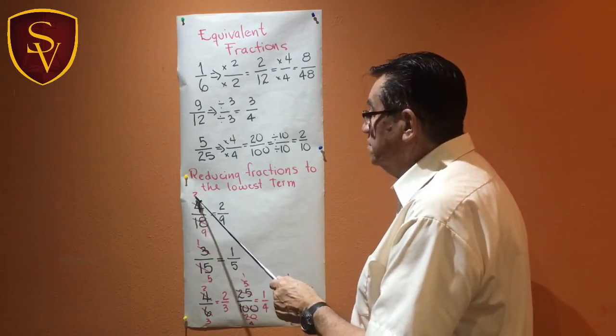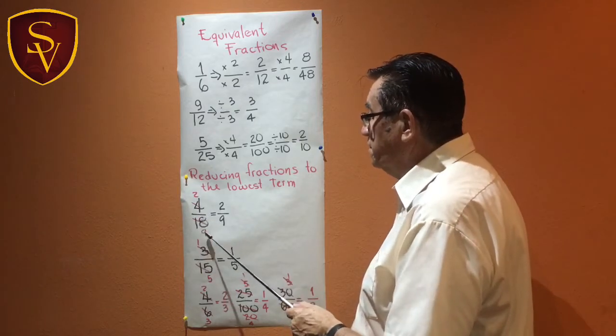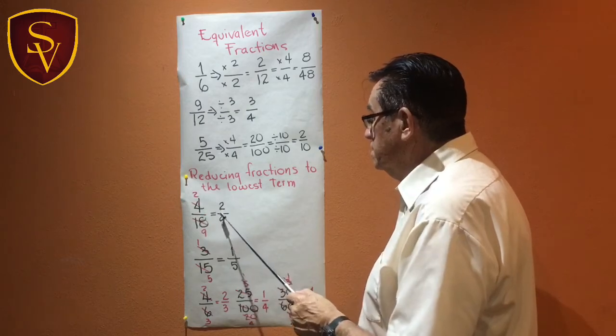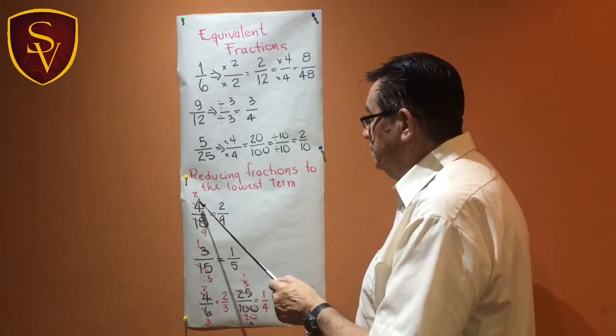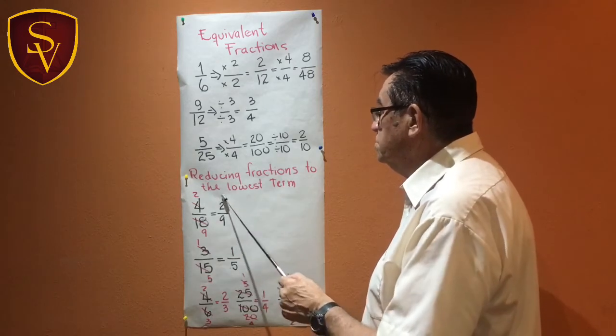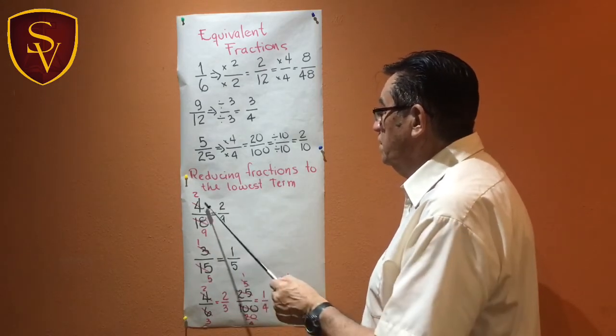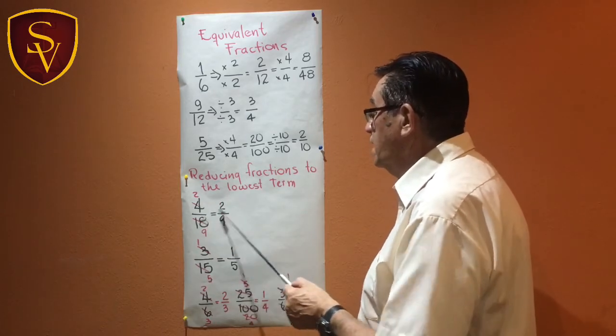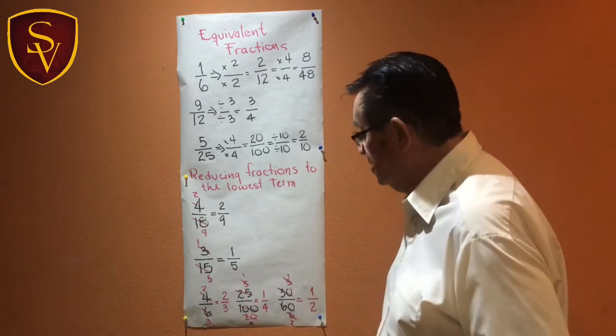So 4 divided by 2 gives us 2. 18 divided by 2 gives us 9. So the number 4/18 could be reduced to 2/9. So 4/18 is reduced to 2/9, and these numbers are also equivalent.